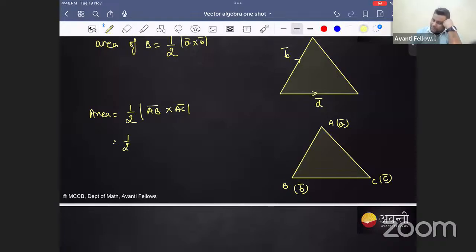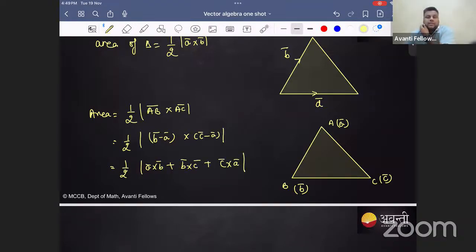That is half of magnitude of (B minus A) cross (C minus A). And now if you simplify it, you get A cross B plus B cross C plus C cross A. Am I clear? So this is the area of the triangle whose vertices are given as position vectors A, B and C.